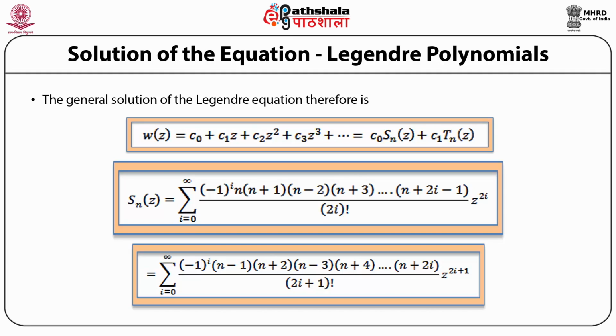T_n of z is equal to summation over i going from 0 to infinity minus 1 raised to power i (n minus 1) into (n plus 2) into (n minus 3) into (n plus 4) and so on till (n plus 2i) multiplied by z raised to power 2i plus 1 divided by 2i plus 1 factorial.